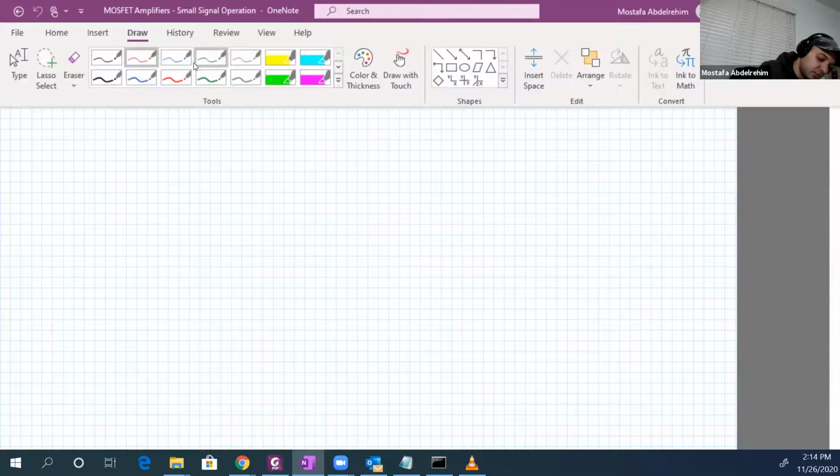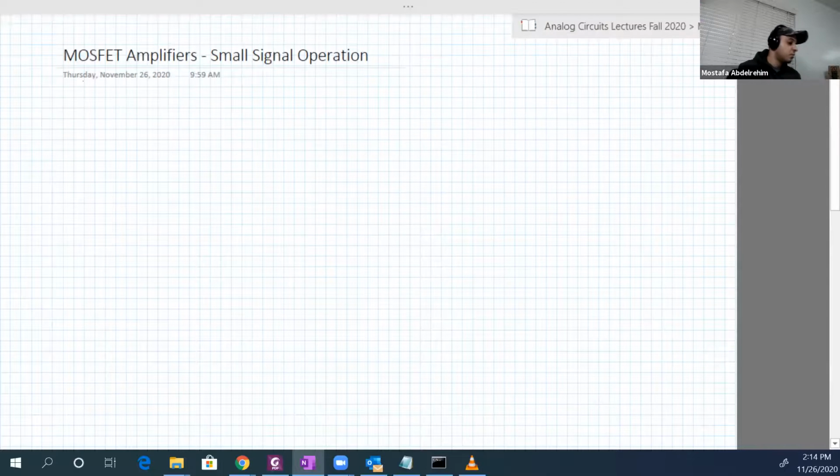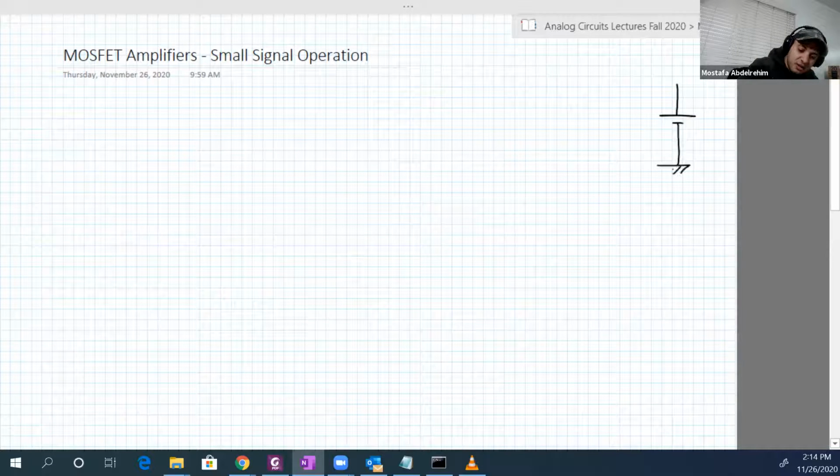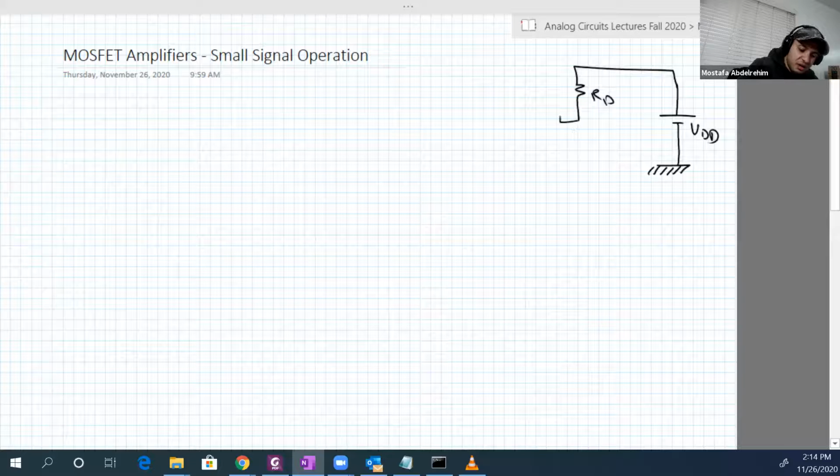For the same circuit, let's do a derivation here. Again, we have the same circuit. We have VDD, then we have RD, and we have our NMOS here.